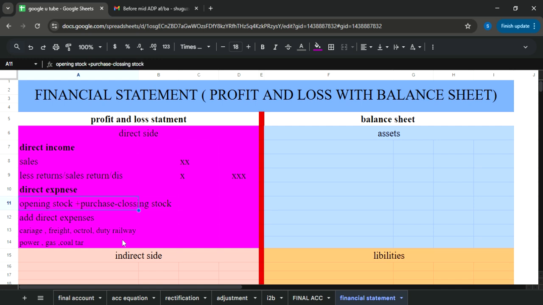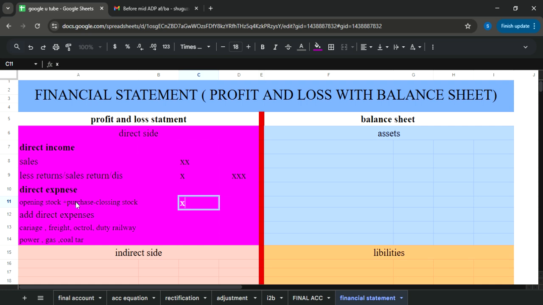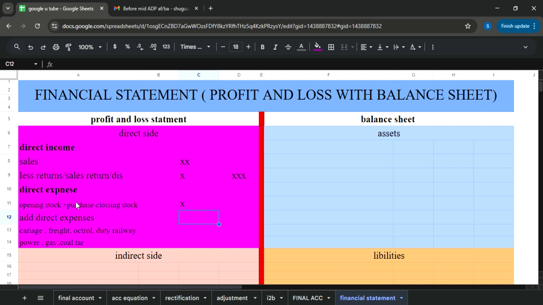A statement would appear over here. I am going to mention these: opening stock plus purchases minus closing stock. After calculation of these three, you will get one amount, and you will make a list of all these transportation expenses and power expenses.